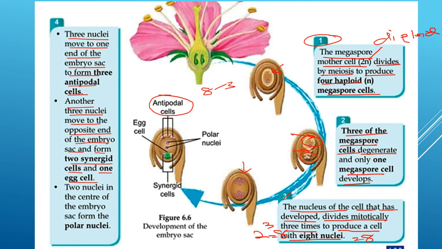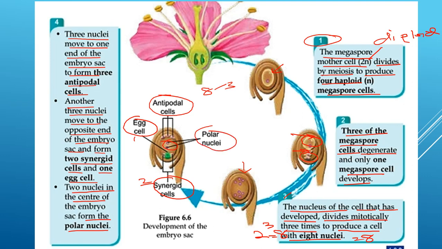Di sini synergid cell 2. Egg cell 1. And the 2 nuclei in the center will form the polar nuclei.